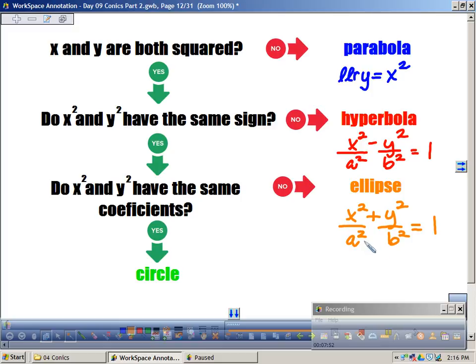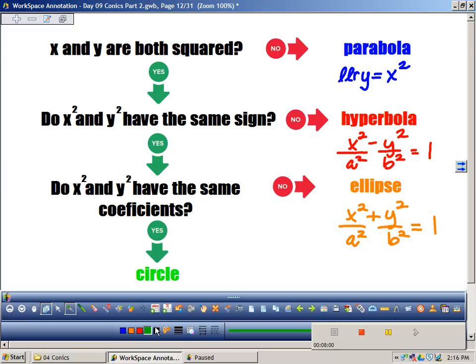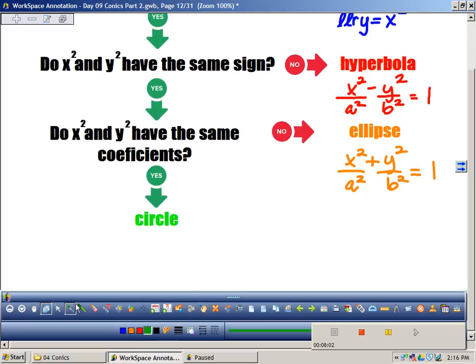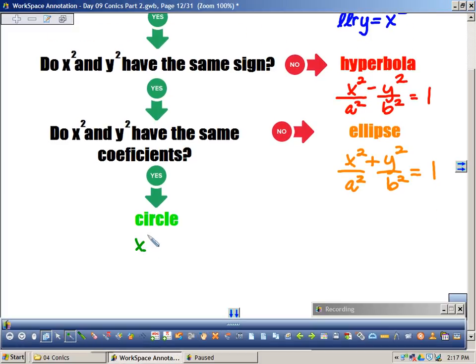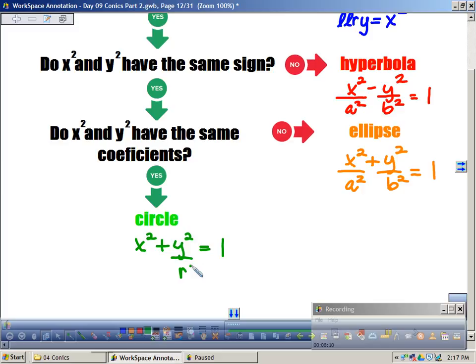But if these two numbers are the same, then it would be a circle. I'm going to write it just like the other conics. I could put the r squared over here, but I'm not. I'm going to put the r squared underneath. Okay? So we're going to use that on each one of these that we're going to do today.